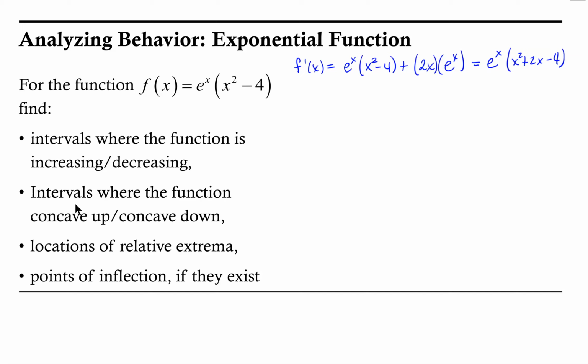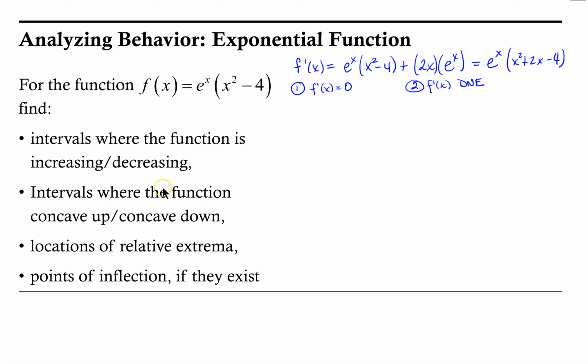Now, we want to find the critical points of this function. The source of the critical points is twofold. The first source is where the derivative is equal to 0, and the second source is where the derivative does not exist.